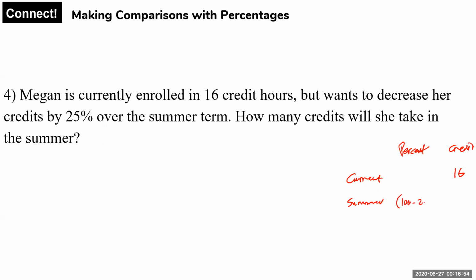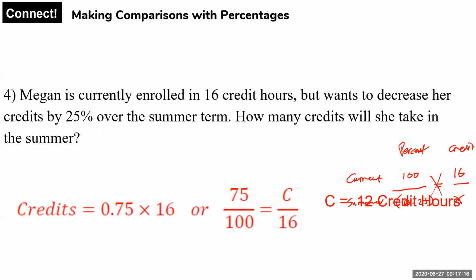So I would do 100 minus 25. How many credits will she take in the summer? So we do not know how many credits Megan will take. Because we are comparing it to the current, that takes a percentage of 100, or the original. So you do that, and you cross product, and you realize that Megan would do 12 credits in the summer.